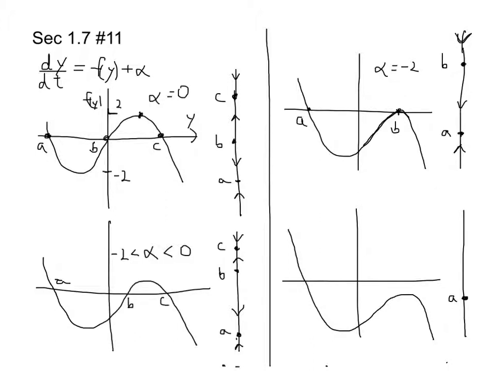And then finally, when alpha is a number strictly less than -2, this local maximum here is now and will remain below the y-axis. And so in this case, we only have one equilibrium point, which again we'll call A, and it is a sink.